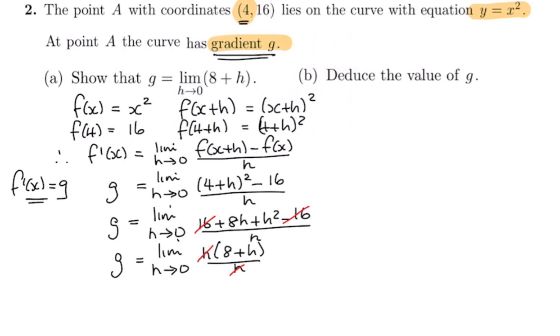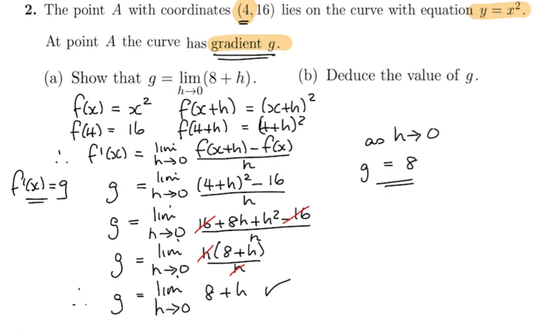We're left with g equals the limit as h tends to 0 of 8 plus h, which is what I was asked to prove. Now, part B, we'll do it on the right hand side here. It says deduce the value of g. Well, you can see as h tends to 0, g will equal 8, because here h will tend to 0.